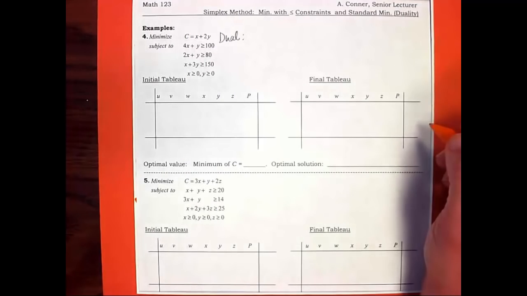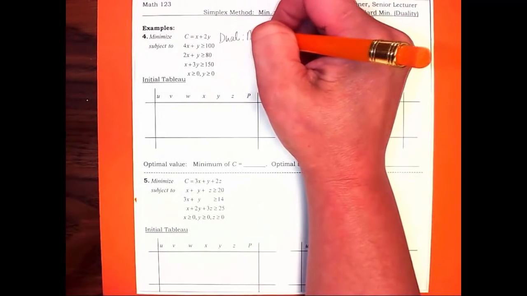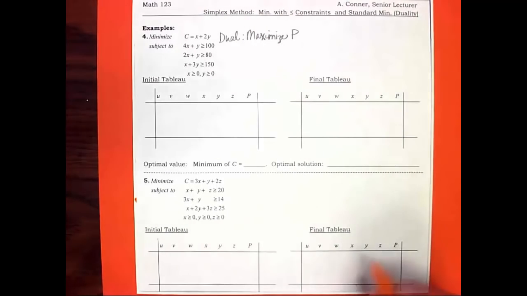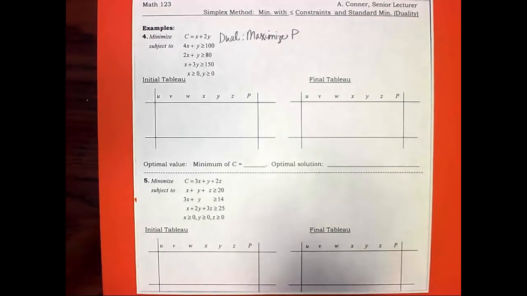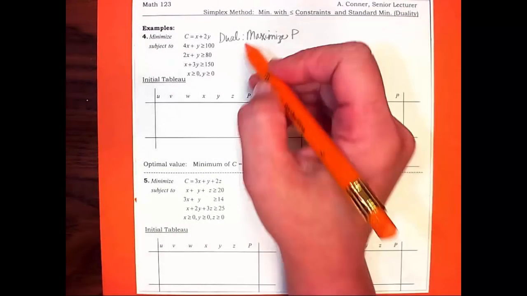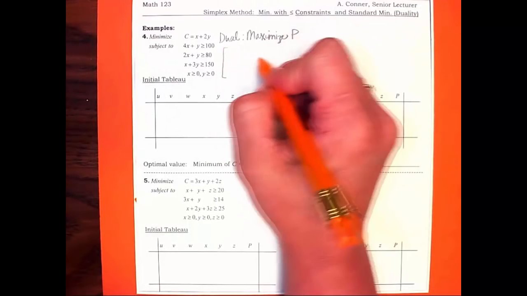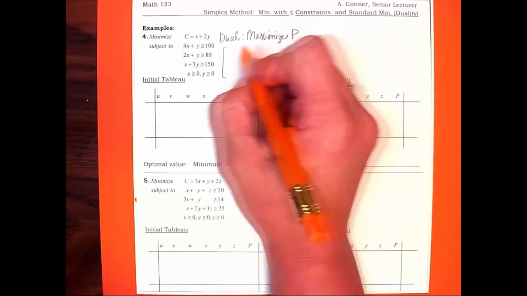So we have to come up with the dual problem, which means we want to maximize P, right? Now, it might help to go ahead and jot down the matrices. So let's do this matrix first, and then we'll come up with the dual problem.